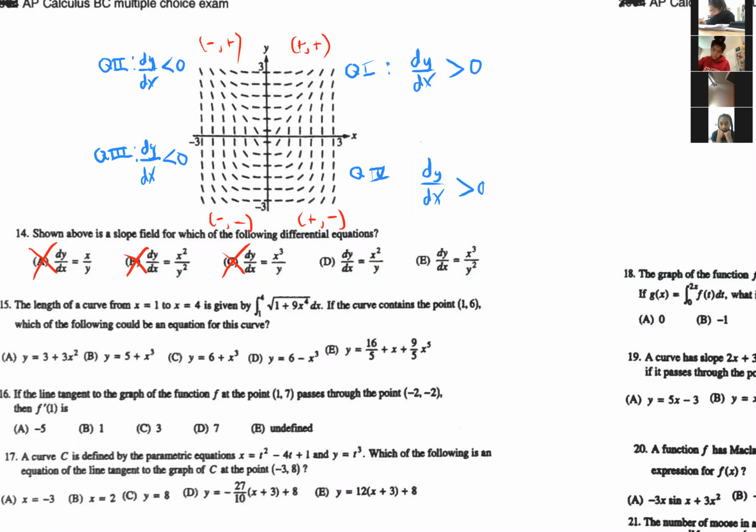So let's go to D. X squared over y. So if you do quadrant 1, it's going to give you a positive over a positive, which is a positive slope. That's what we have on quadrant 1. Quadrant 2, the y coordinate is positive.